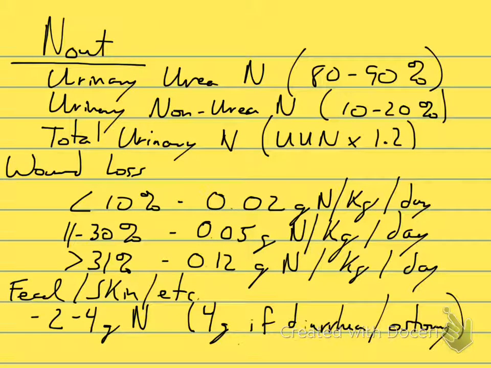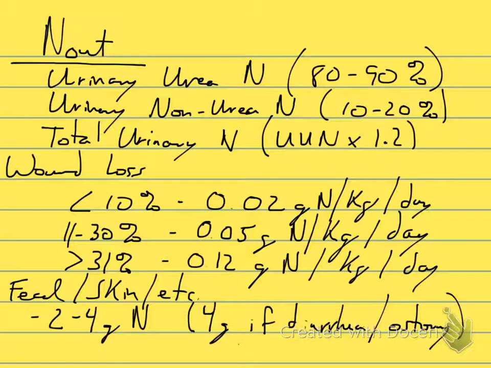So for nitrogen out, as we're looking at the urinary excretion side, there's actually two different compartments for urinary nitrogen. First of all, the majority of it is in the form of urea. You know that urea is the excretory form of nitrogen in the body, and you're making urea in your liver so that your body doesn't build up large amounts of ammonia.